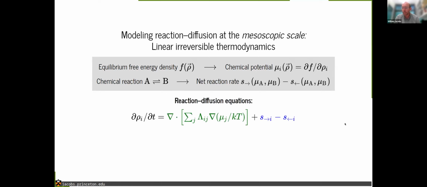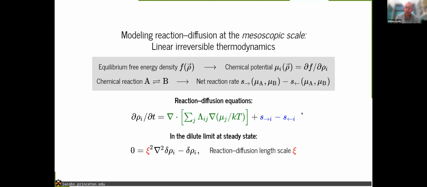And if we put all this together, we get what's known as a reaction-diffusion equation. So we have a conservative part here that involves the divergence of a flux with these mobility coefficients given by lambda. And here are chemical potentials. And then we also have these non-conservative contributions here from the chemical reactions that are taking place.